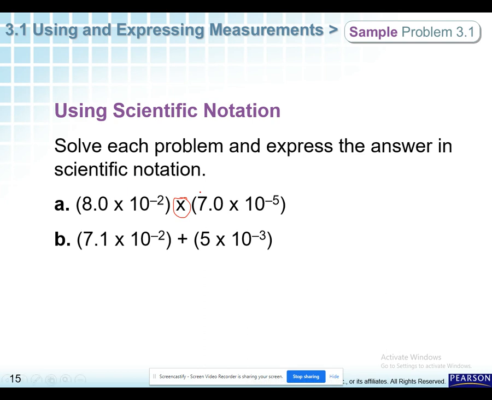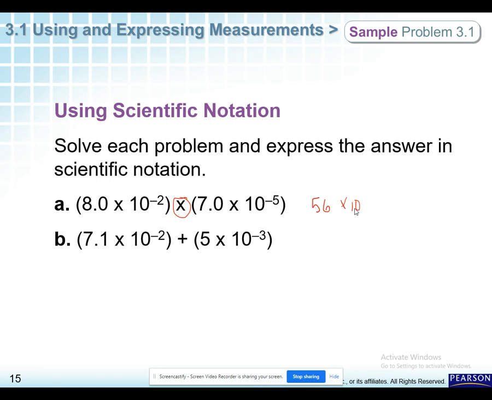So if you go on there and you put 8 times 7 into your calculator, if you don't know it, you get 56. And then you say times 10 to the, and then what you need to do is add your exponents. So you would put in here -2. So make sure you know how to put a negative sign into your calculator.